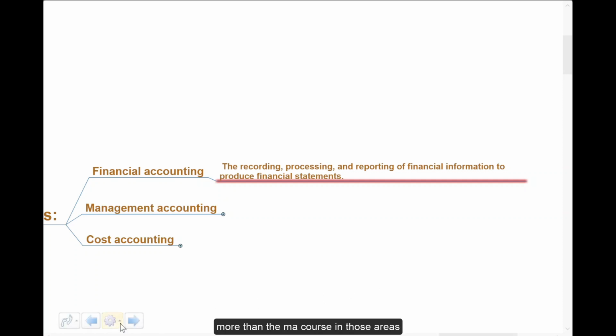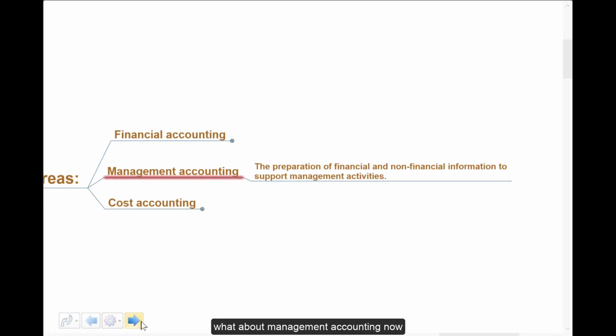What about management accounting? Now, this is more internally focused. Note that we're talking about financial and, note, non-financial information to support management activities.